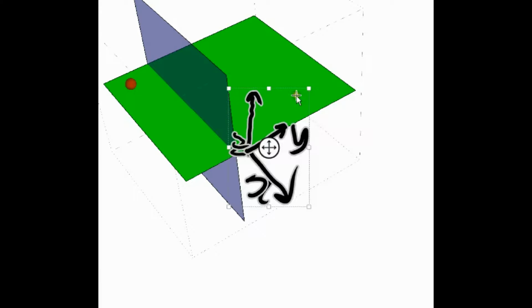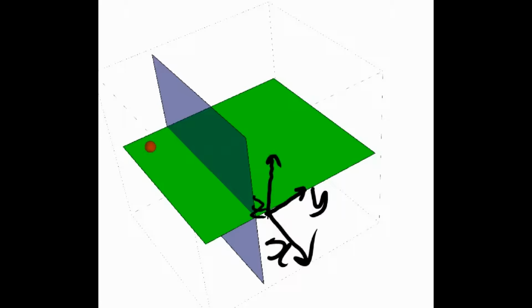So let's just suppose that our viewing point here, this point C, has the coordinates 0 on the x-coordinate, -3 on the y-coordinate, and 2 on the z-coordinate.